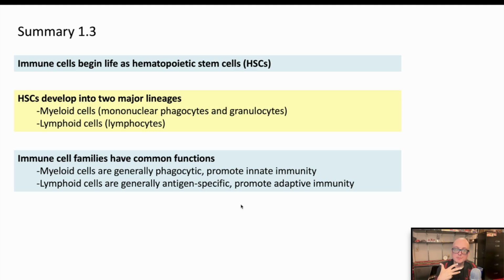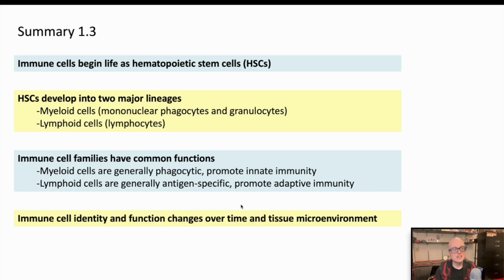Immune cell families have common functions, as hopefully was clear in this lecture. Myeloid cells are generally phagocytic, generally promote innate immunity, whereas lymphoid cells are generally antigen-specific and promote adaptive immunity. Although, of course, we discussed at length how NK cells were an exception to that rule within the lymphoid lineage.